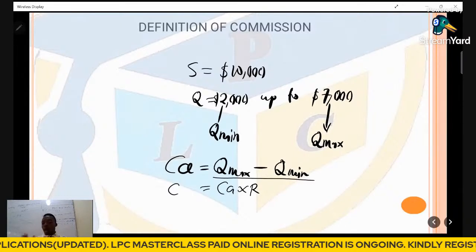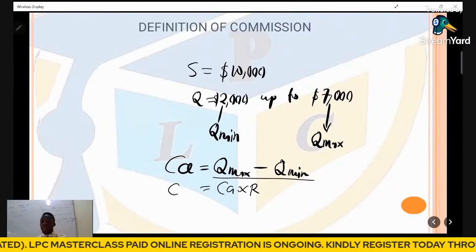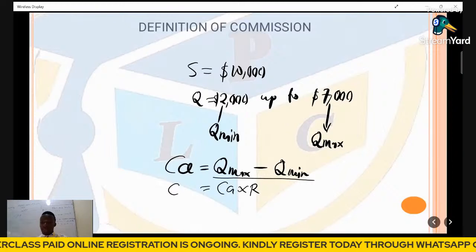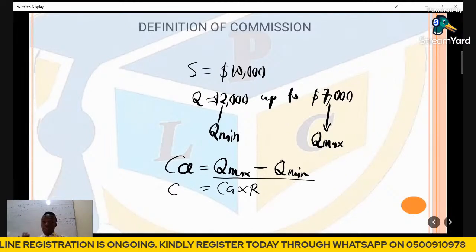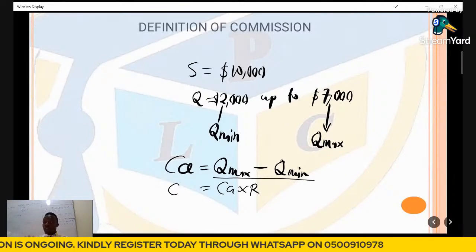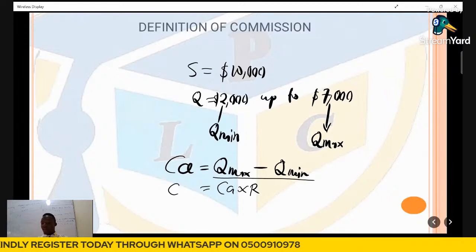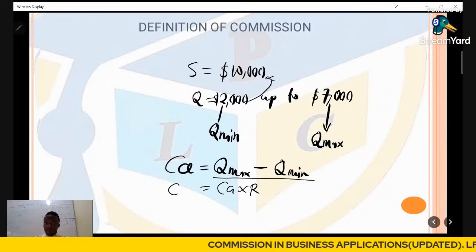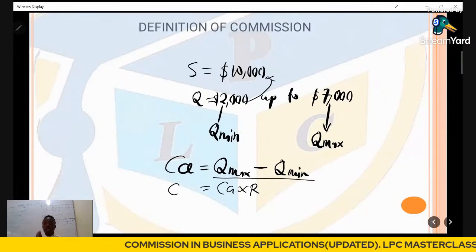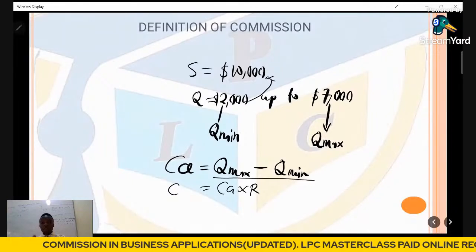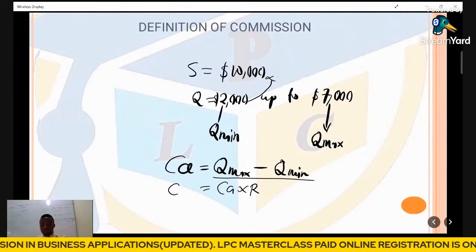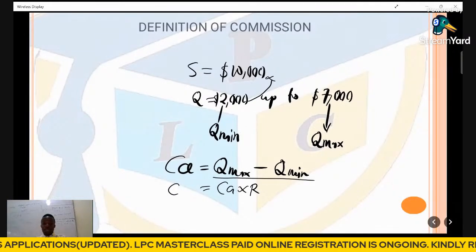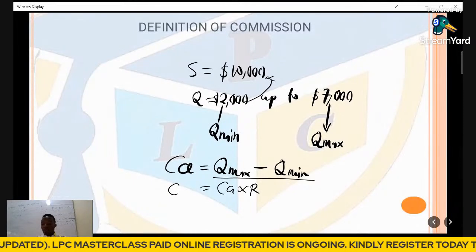But in a situation where you have sales of, say, 10,000, but you are given only one quota, that is always the minimum quota. Then the commission amount is a comparison of the minimum quota of 2,000 with the sales level. So where only the minimum quota is given, you subtract the minimum quota from the level of sales you made for the period.